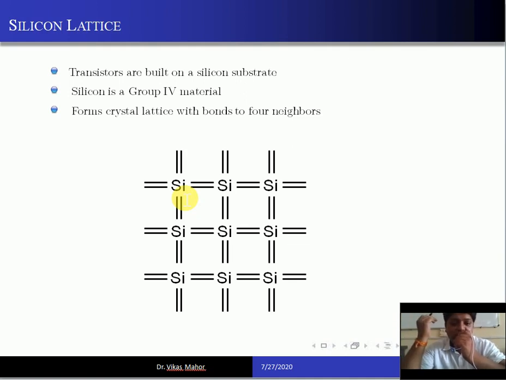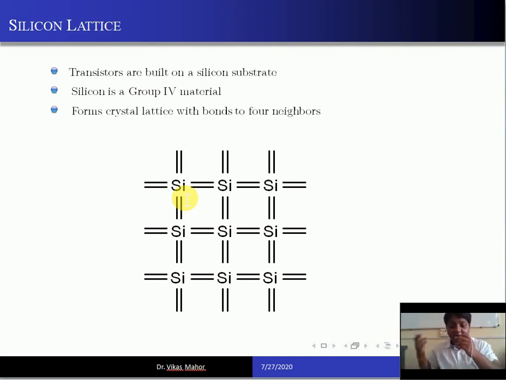Because we will be using silicon or germanium. Fine. We are using two types of semiconductors, silicon or germanium, for building our CMOS design. Why are we using semiconductors? Because a semiconductor has a very good property that we may make it a perfect conductor when the user requires, and we may make it an insulator when we require.